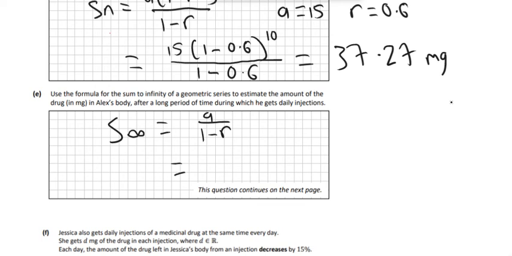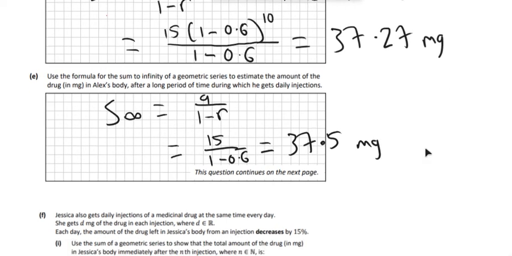So a is 15 and 1 minus r is 0.6. And then if you just use the calculator again, you get 37.5. That's a nice simple little part.